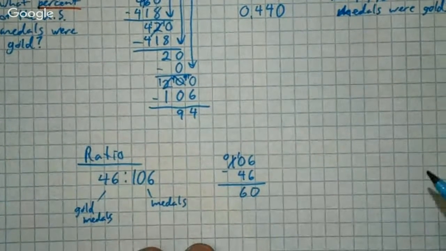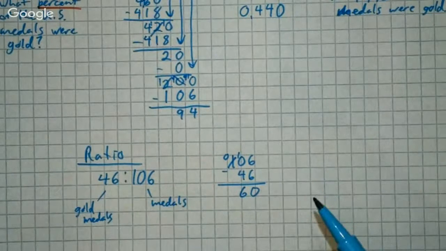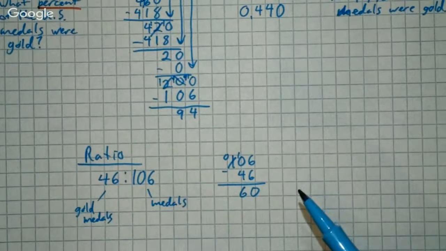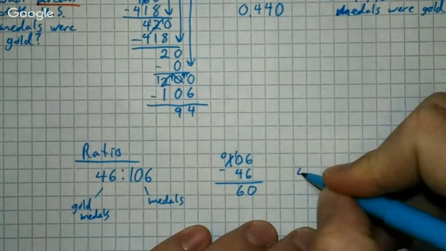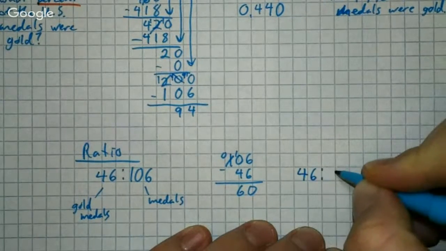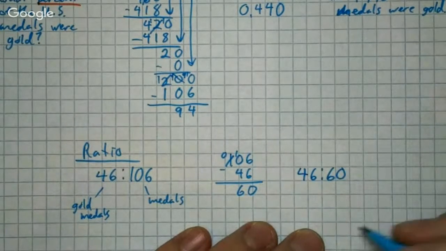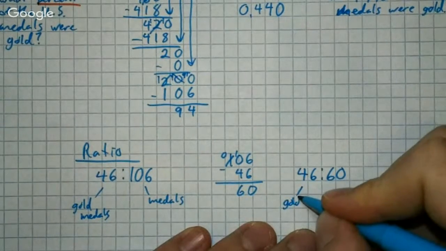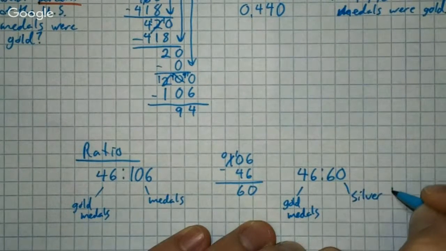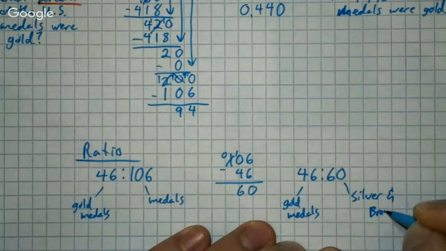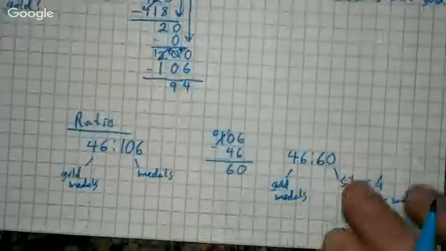Okay, so 60 of our 106 medals were silver or bronze. So if we write a ratio of gold medals to other medals, it would be like that. This would now be gold medals. This would be silver and bronze medals. So that's how our ratios work.